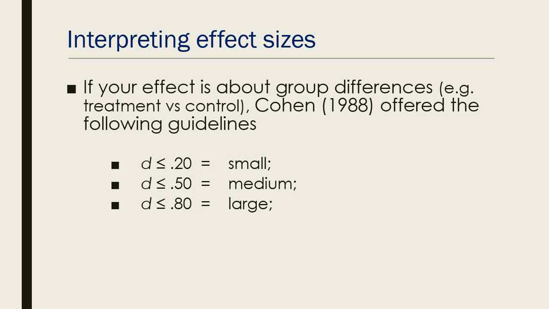Now, these are perhaps unfortunate choices for labels because it's very rare in psychology that we study seemingly large effect sizes, and even a small effect size can be very important in the right context.